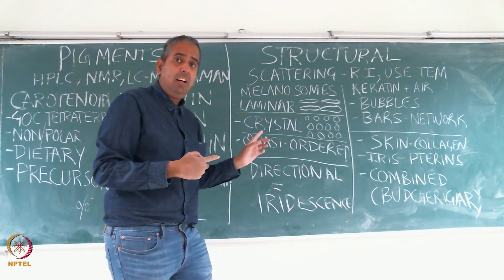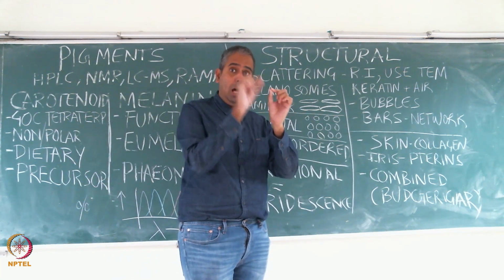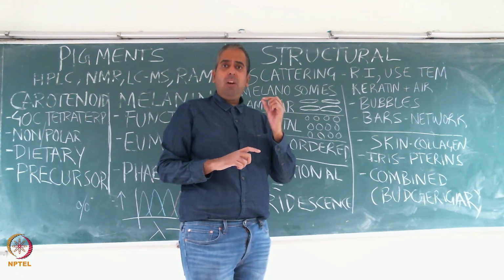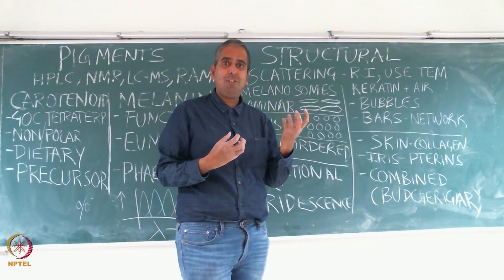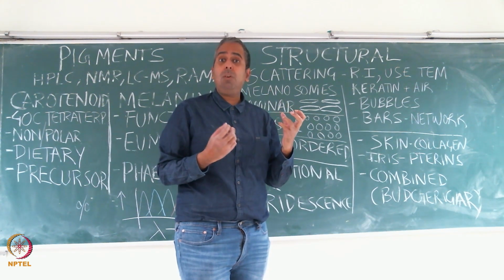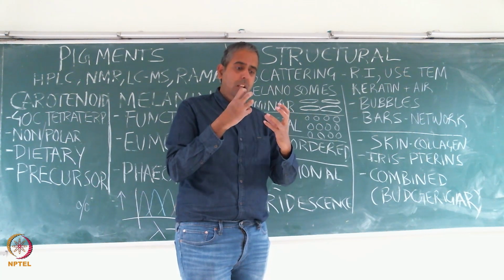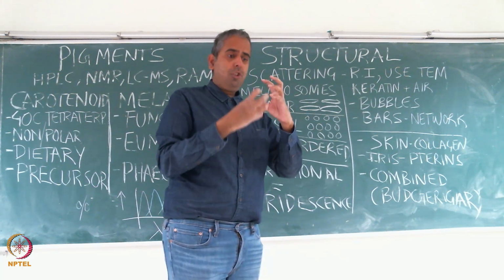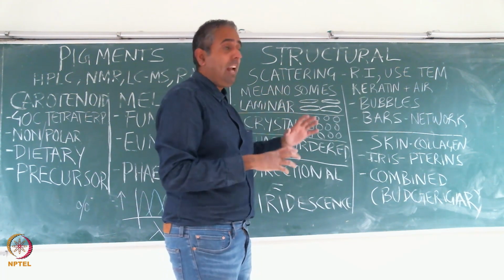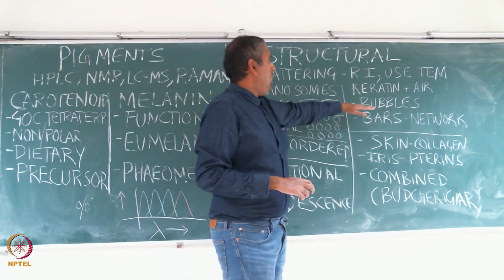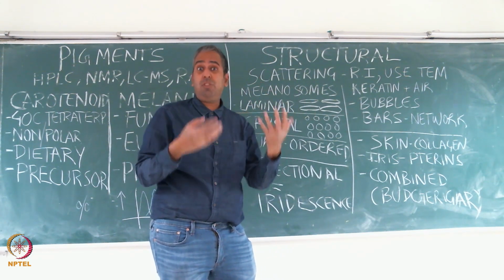As I mentioned earlier, you can also have scattering structures in the barbs, in the larger barbs of the feathers. And there, obviously, the scatterers have to be much larger because the barbs are larger. So you can't have melanosomes there. There, typically, you have air. So air structures interspersed with keratin serve as the scatterers here. You can have bubbles of air in the keratin so that it looks like Swiss cheese.